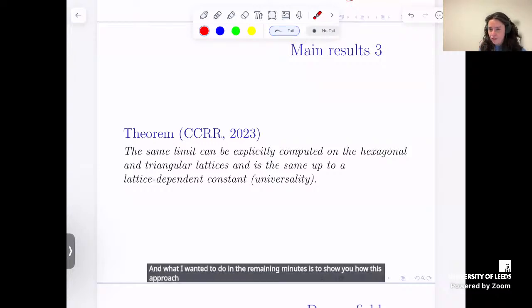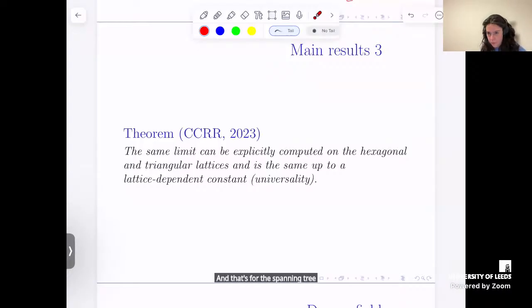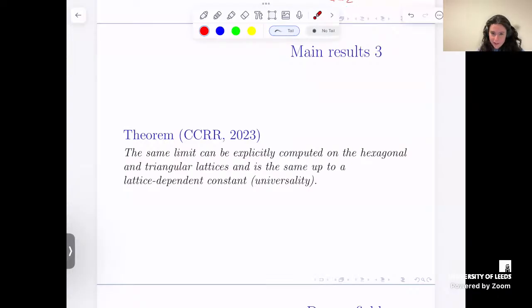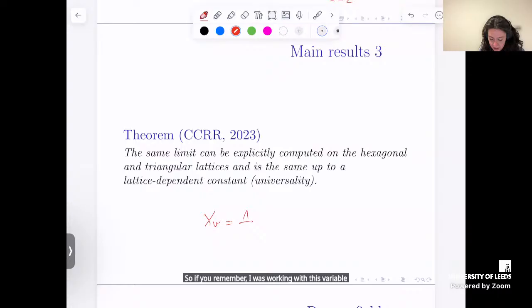how actually these tools, in particular the approximation of the transfer matrix, are used in a slightly different setup, which as we have seen, is not that different. And that's for the spanning tree, for the uniform spanning tree. So if you remember, I was working with this variable, which I called the xv.